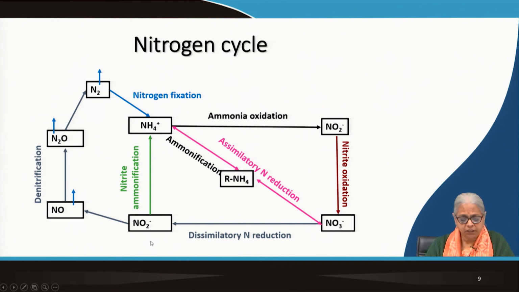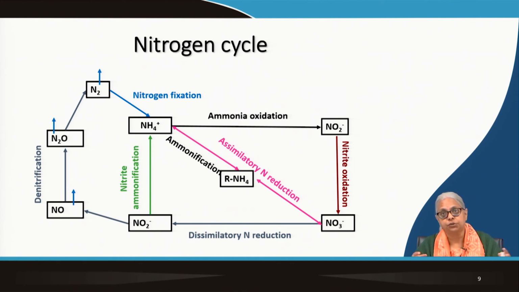So we have nitrate going to nitrite and back to ammonia. This nitrite can also be converted under anaerobic conditions to nitrogen oxide, dinitrogen oxide, and inert nitrogen gas, and all these are gaseous end products which go back into the atmosphere, and that's why it's called dissimilatory nitrogen reduction.